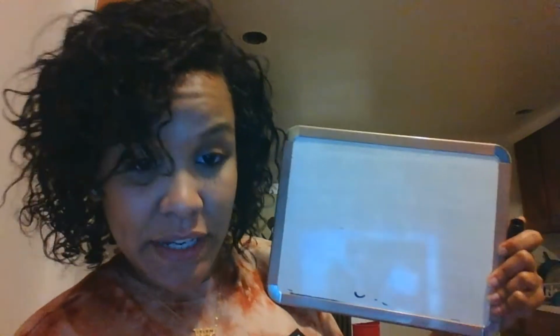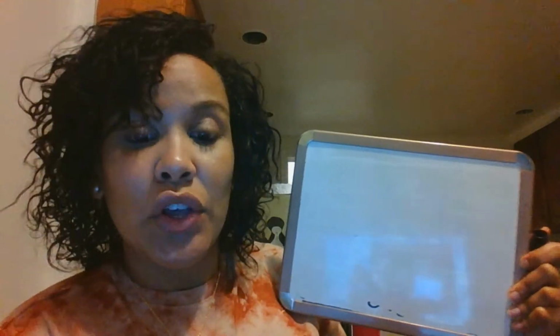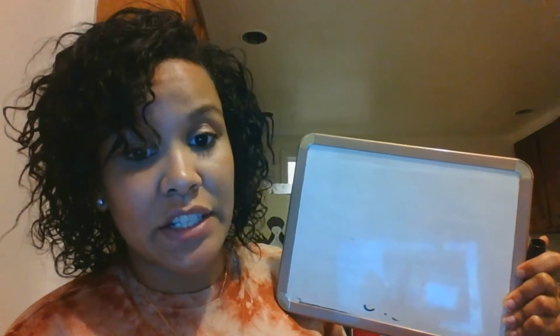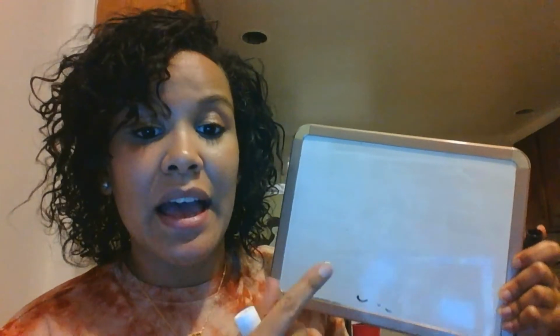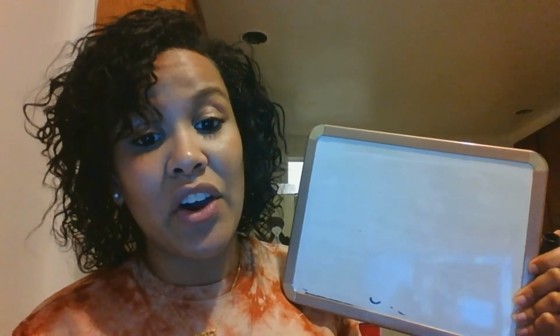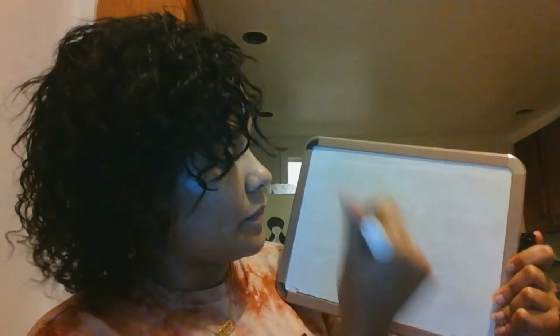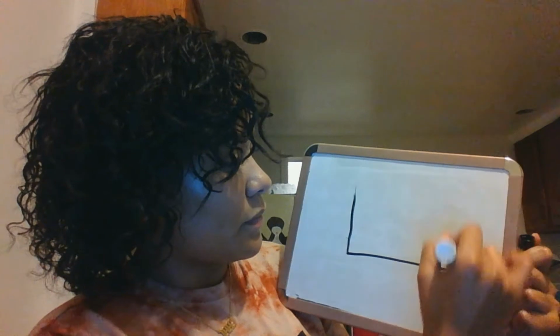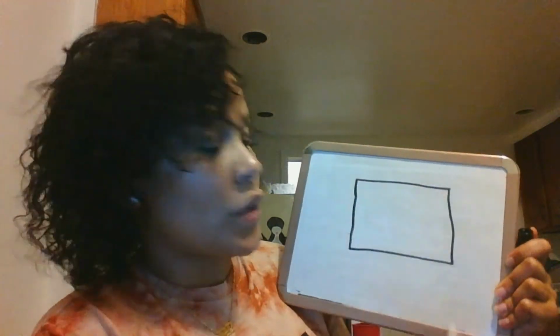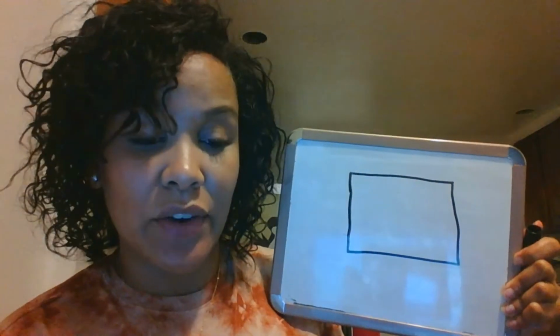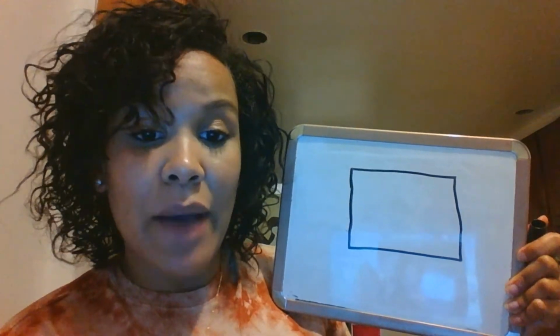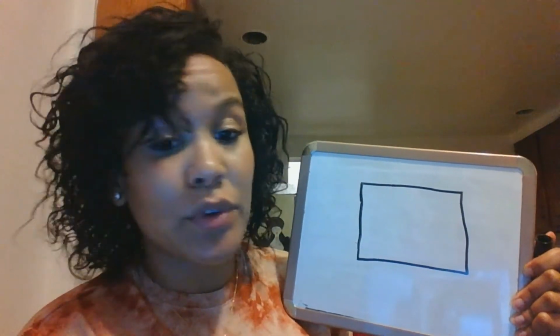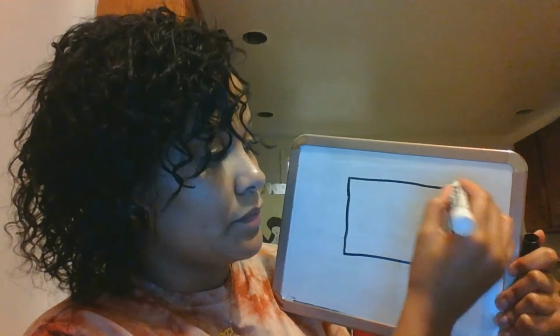Let's do one more shape together. And this time, you will send your teacher a message and let her know how many vertices and how many sides this shape has, and let her also know if it's an open or closed shape. So here we have a rectangle. I will give you a little hint. I will circle the vertices.